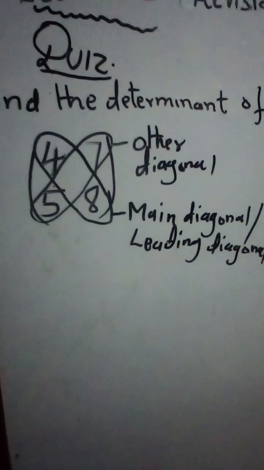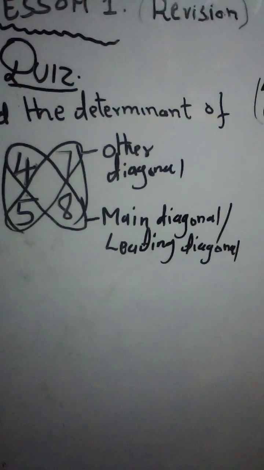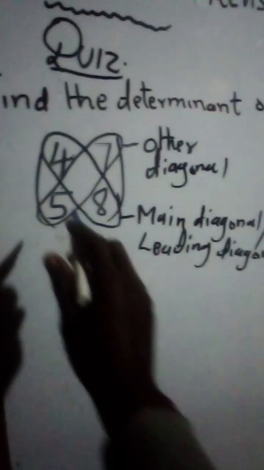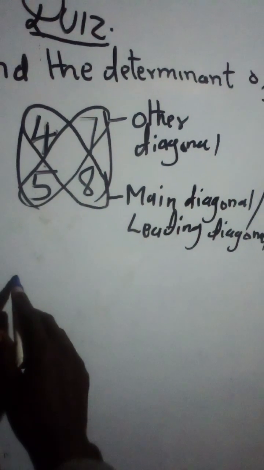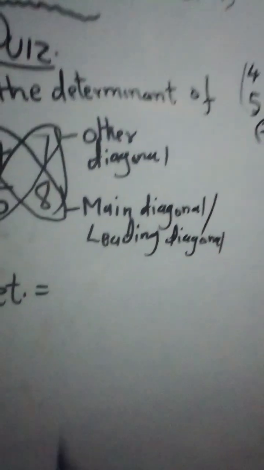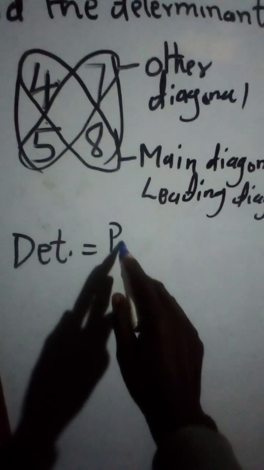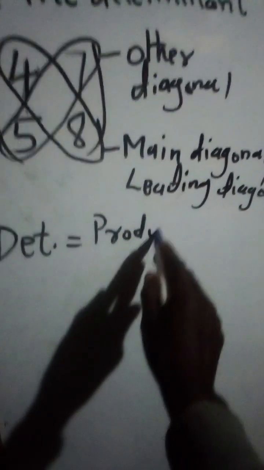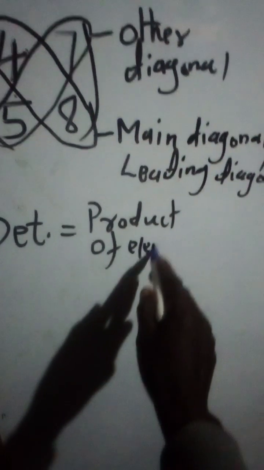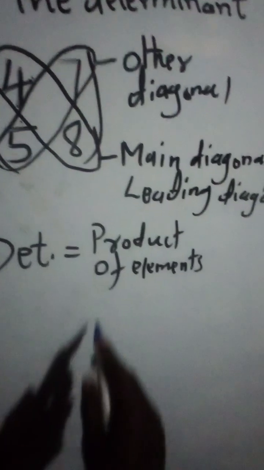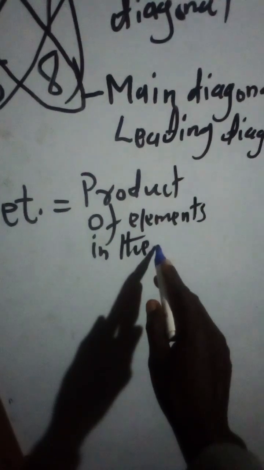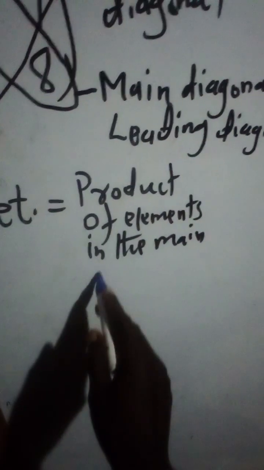You find the product of the elements in the main diagonal minus the product of the elements in the other diagonal. So the determinant is written as equal to the product of the elements in the main diagonal.